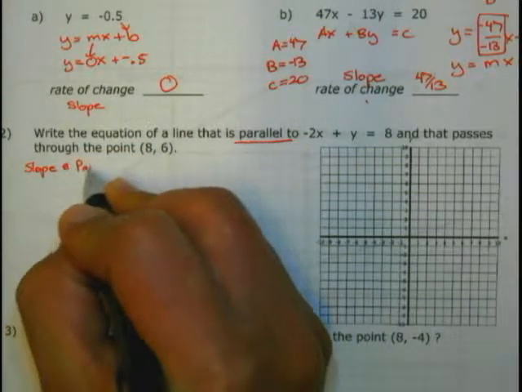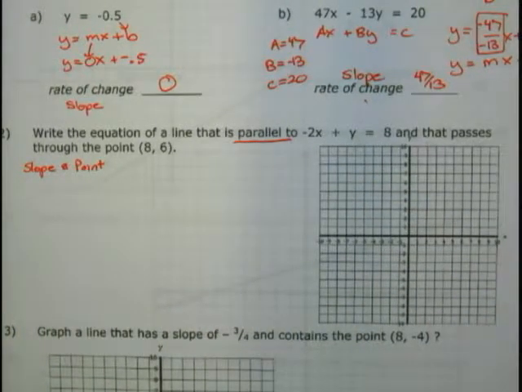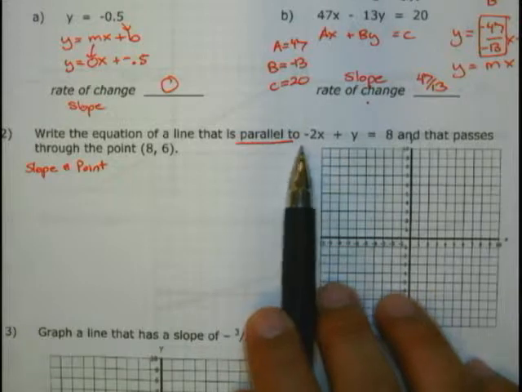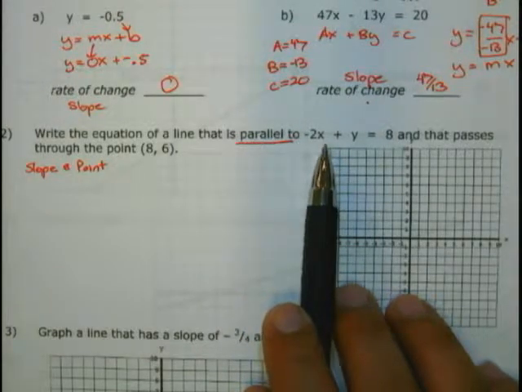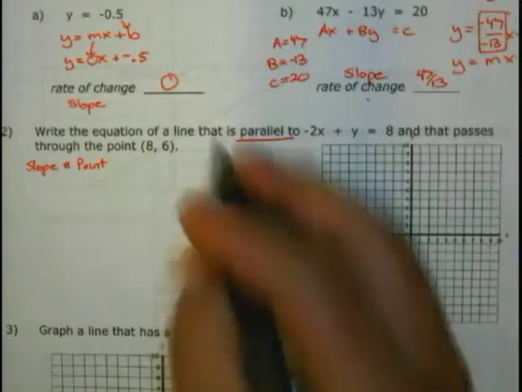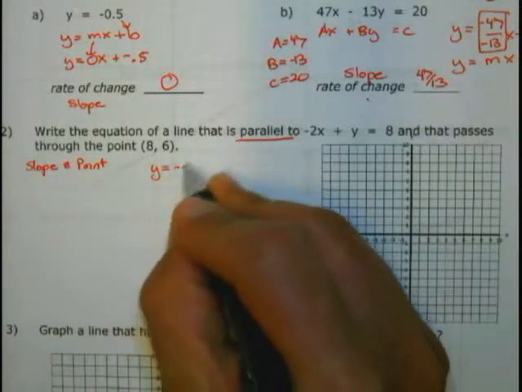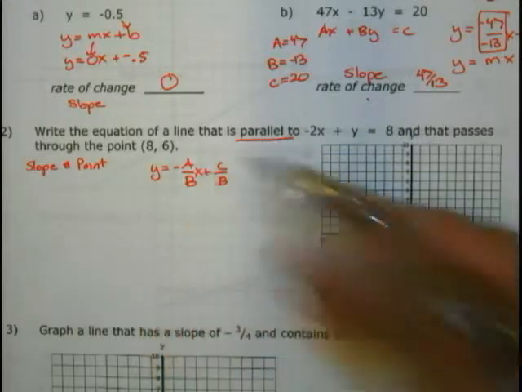And with the slope and a point, we have to find out what the equation is in the following manner. First of all, I've got to convert this as well to find what the slope is. So let me go ahead and convert it. Let me start with the equation y is equal to negative A B C over B x plus this.